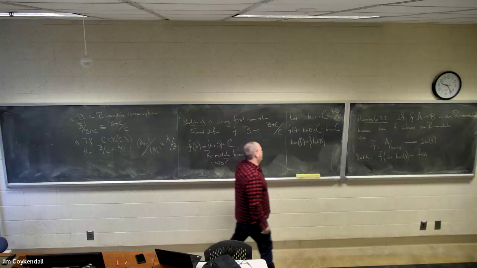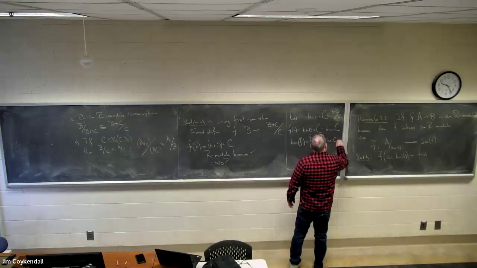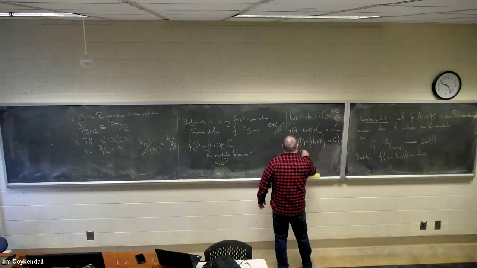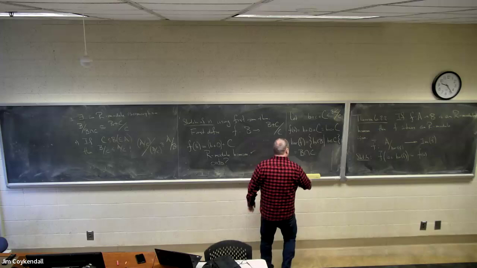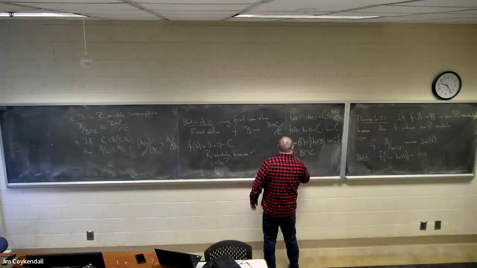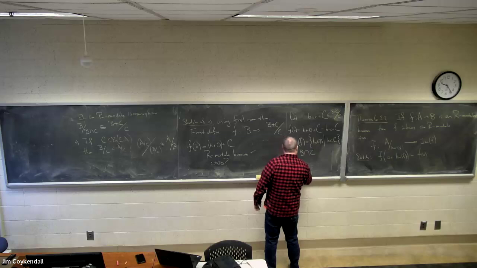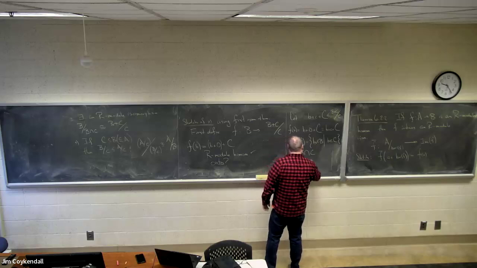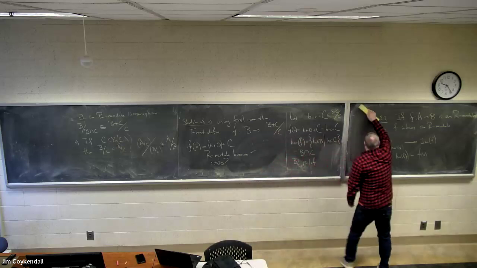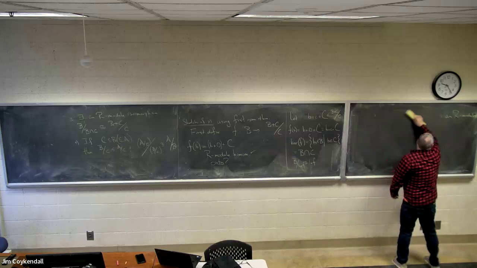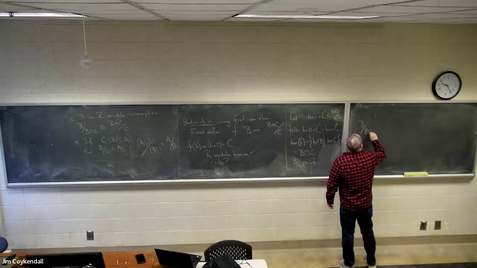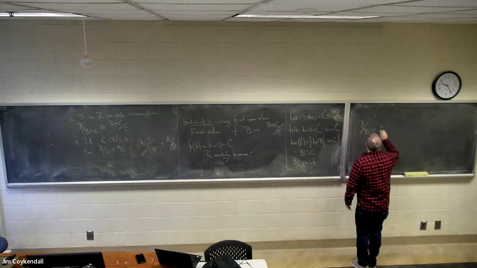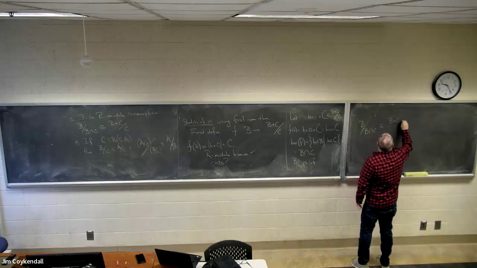It must be in C. Therefore, the first isomorphism theorem gives that B mod the kernel of F is isomorphic to the image of F, or in our case, the kernel of F is exactly C and the image of F is the whole thing.